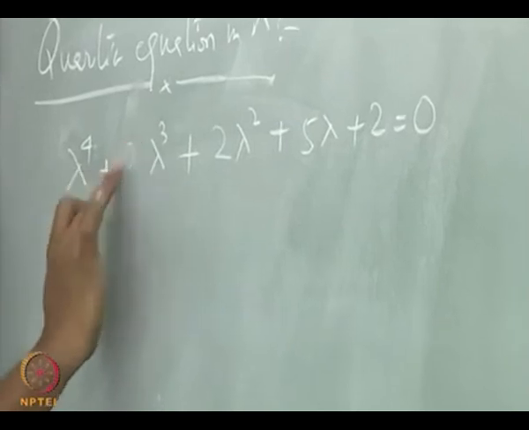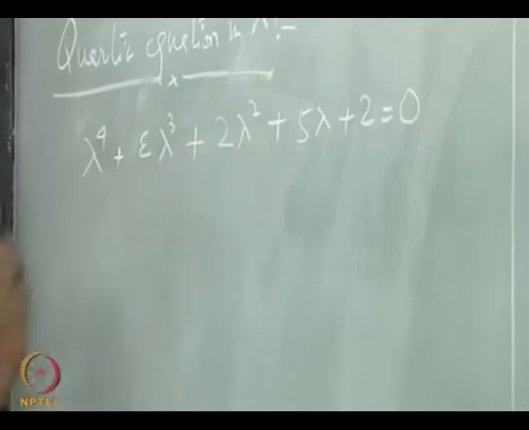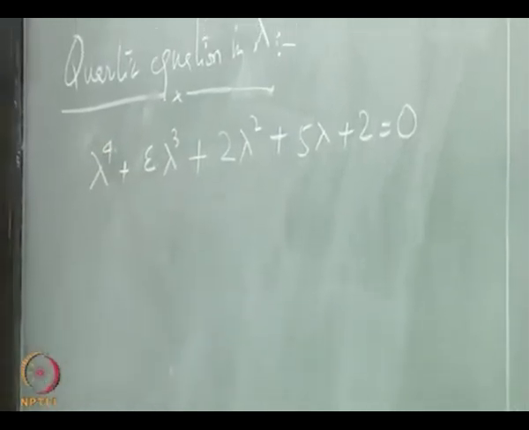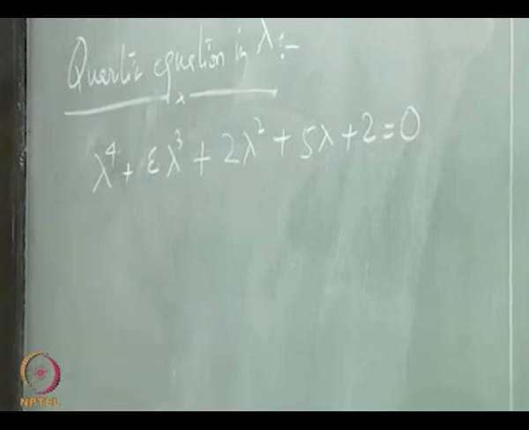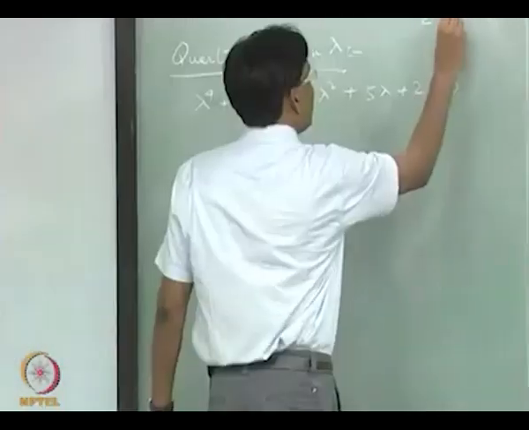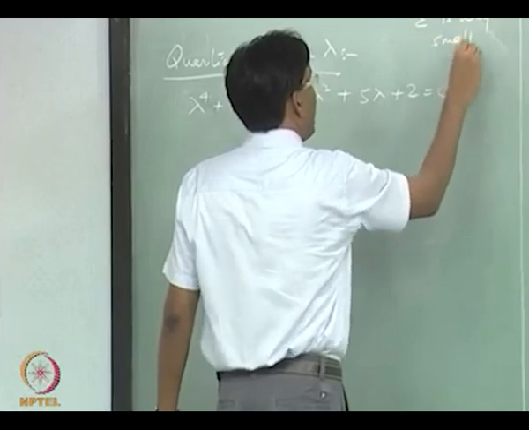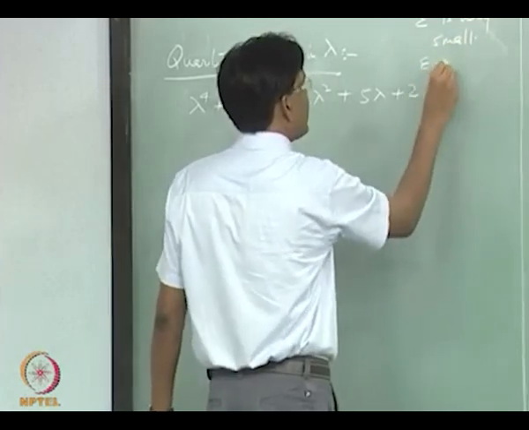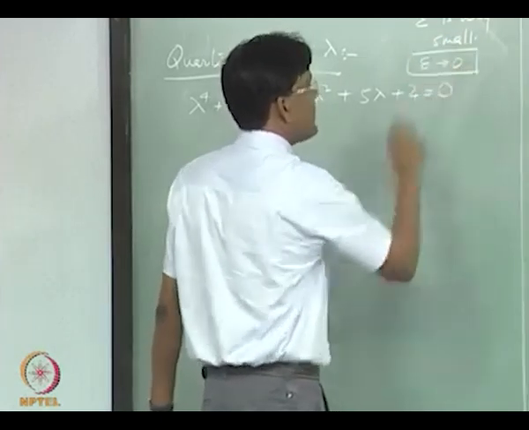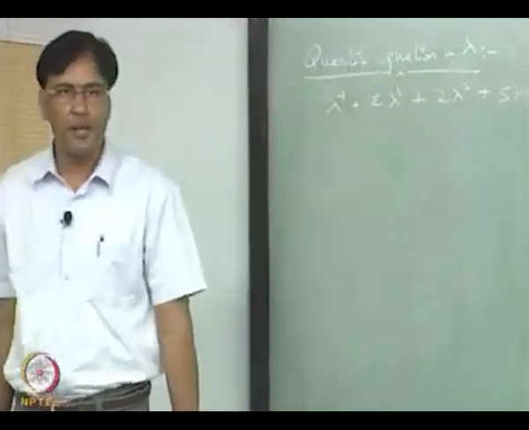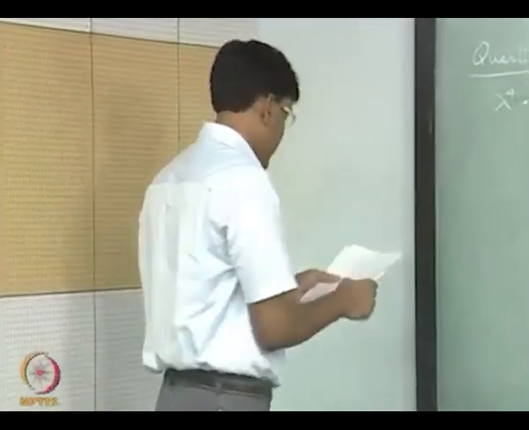So we call this coefficient as epsilon. Epsilon is very small. Actually you have to take a limit like this, okay, eventually.